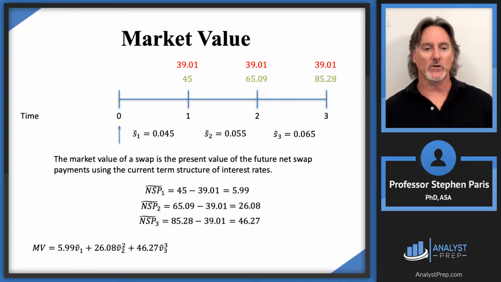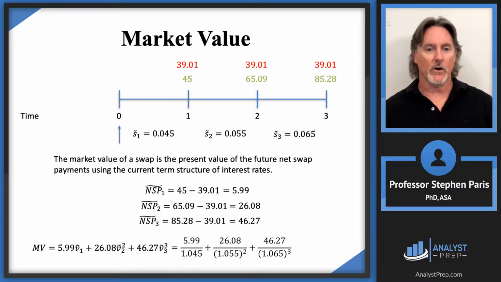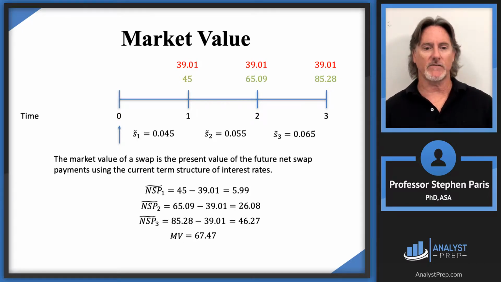I'll put tildes over the v's there, plug in the numeric values for the v's based on the new term structure of interest rates, the new spot values, and go through your calculation and you'll get 67.47. So the market value of Beth's position is 67.47.